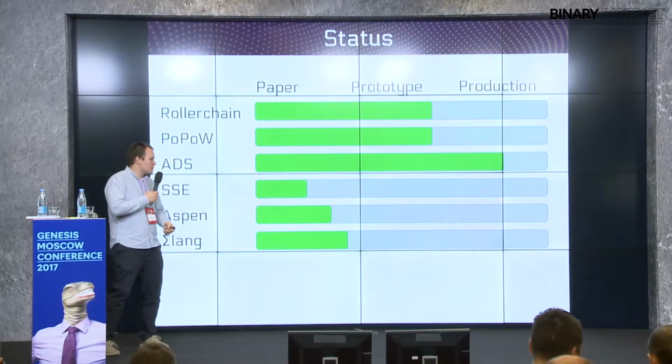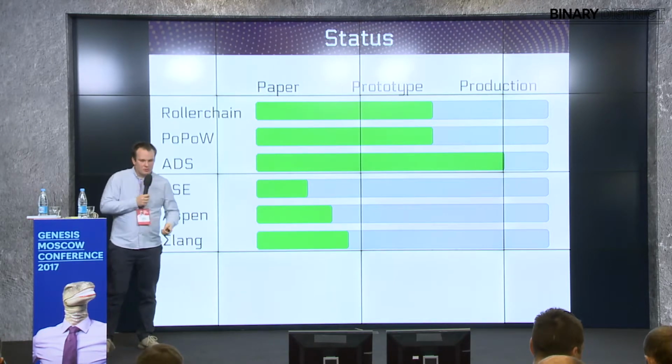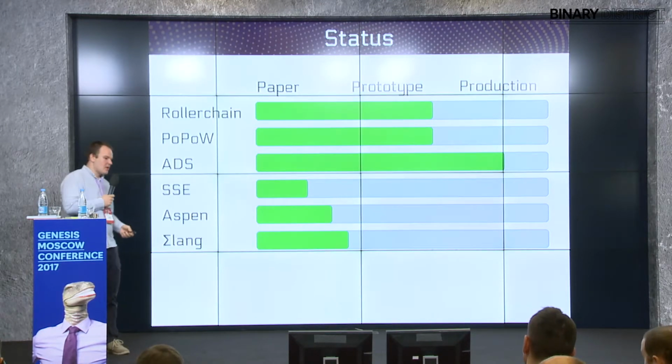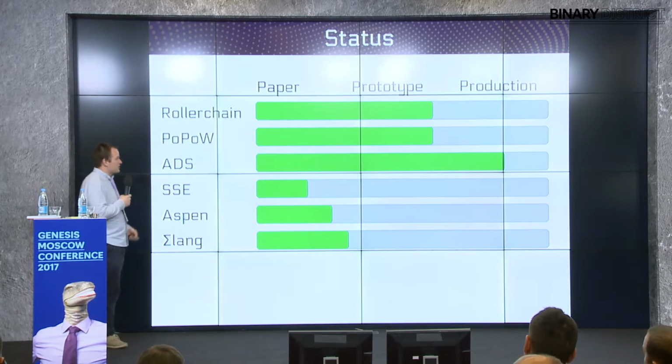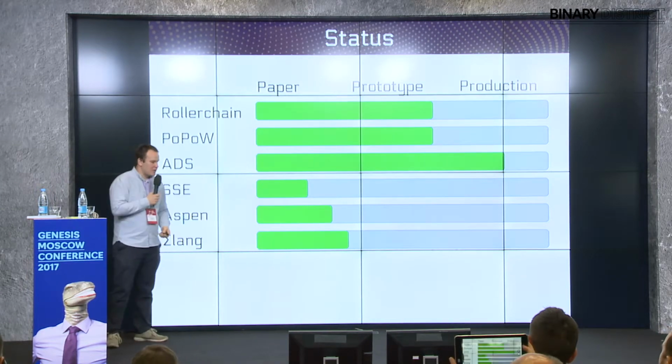And the current status of our research and prototyping. Well, we have prototyped the rollerchain, proof of work, and authenticated dynamic dictionaries. They are quite good. The economy model is at the stage of just a paper.